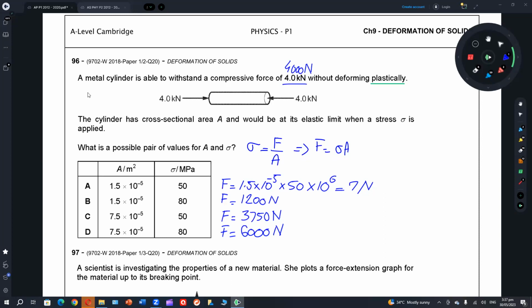Yes, it's coming the same. That's strange. Maybe some typing error here, because four kilonewton, so they are getting two forces.